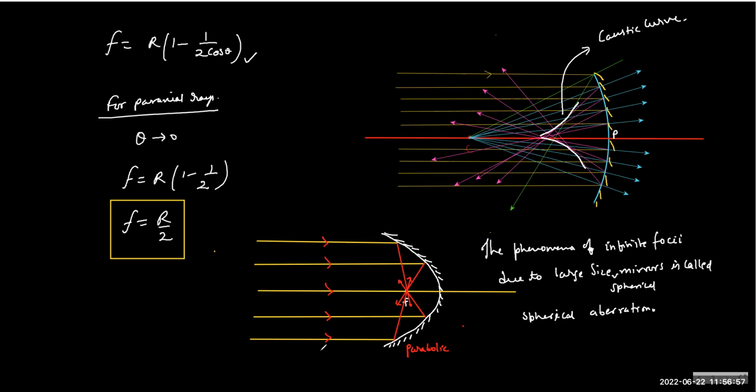Most of the dish antennas which you install for your streaming, whether it's Airtel, Tata, whatever, I don't know how many brands are there nowadays, are actually parabolic reflectors. If you buy any antenna, a parabolic reflector, you must have seen something like this attached to the center.